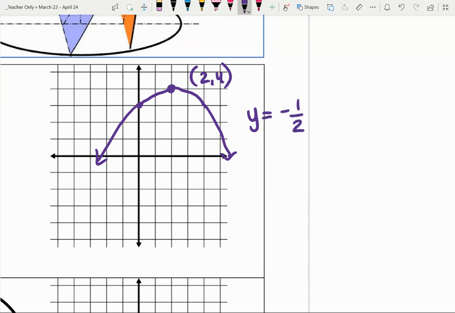That negative will make it open downward. And then I need to think about my values of that vertex. Well, I've got an h of 2, so I'm going to put (x minus 2) squared, and then a k of 4 at the very end there.